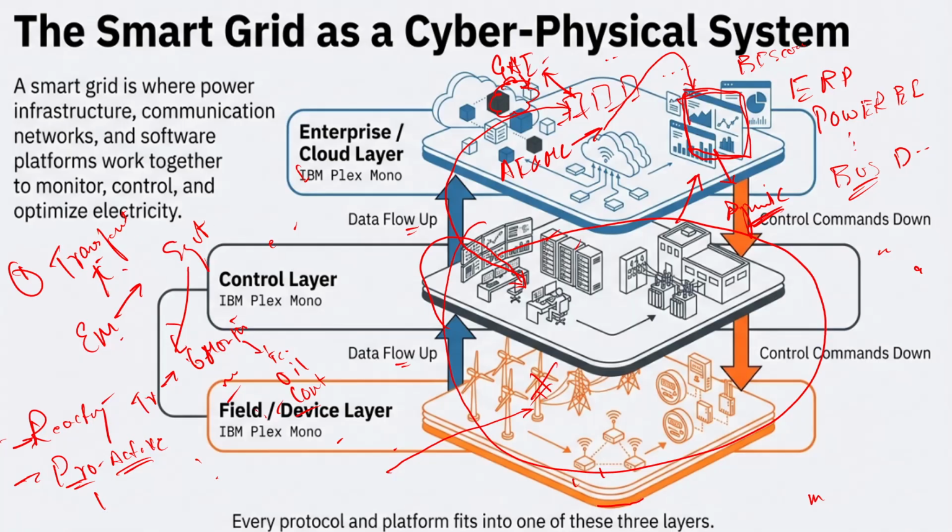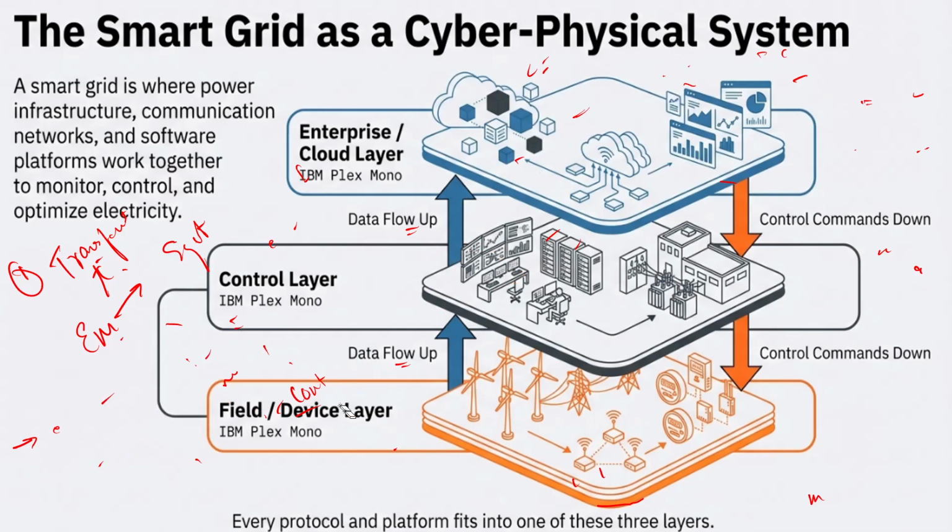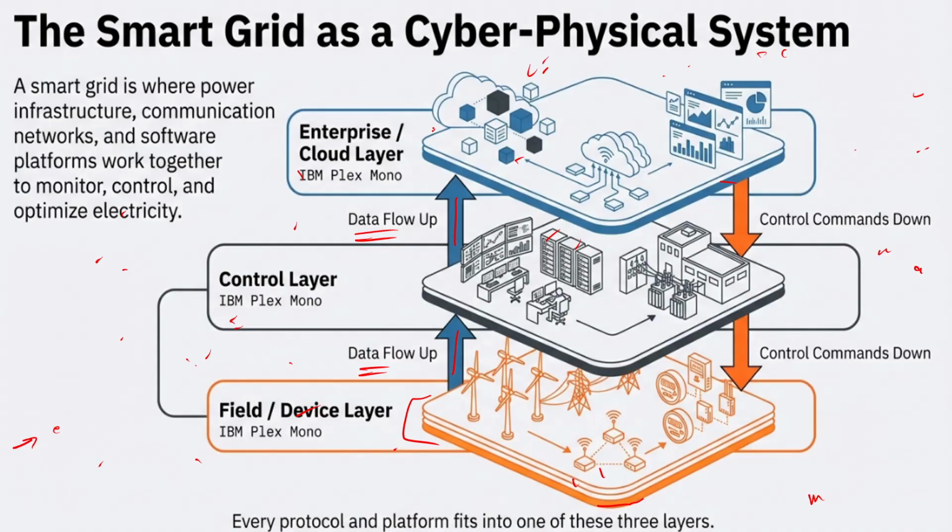The other part is, if you see these arrows, let me wipe this out. If you see these arrows, the blue arrow, this is all the data flow. The data always flows from the bottom to the top layer.